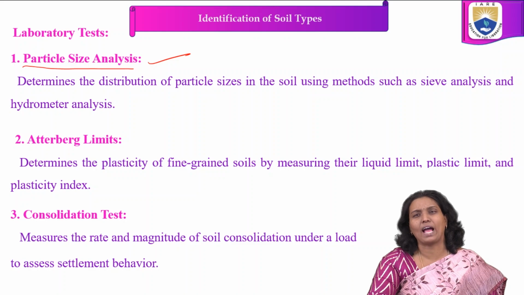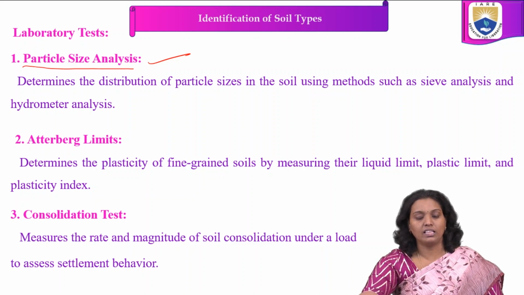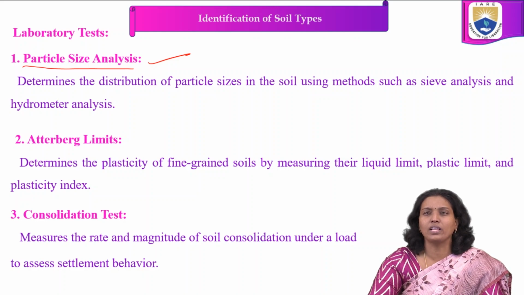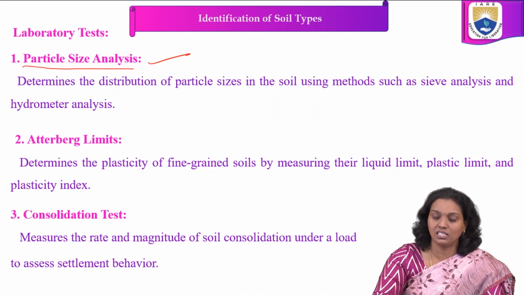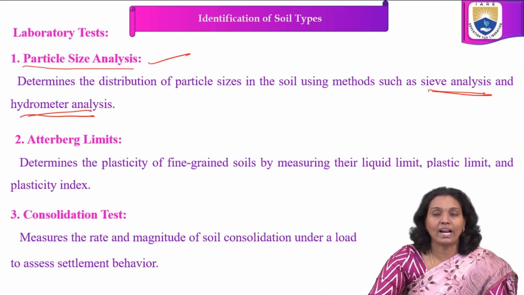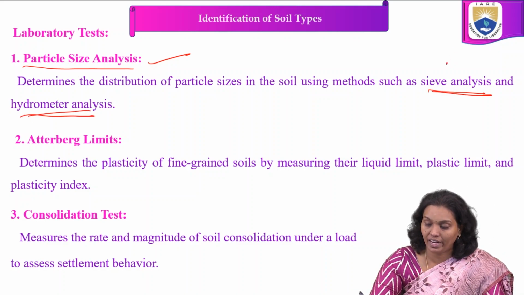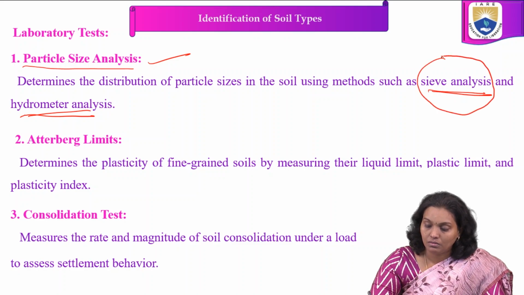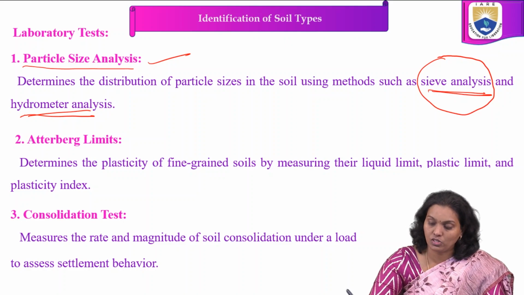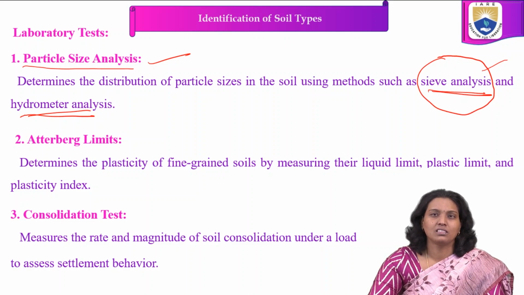Particle size analysis determines the distribution of particle sizes in soil using methods such as sieve analysis and hydrometer analysis. For performing this, we have two different equipment available, that is sieve analysis and hydrometer analysis. Based on that, we are understanding the particle sizes and how they are distributed.